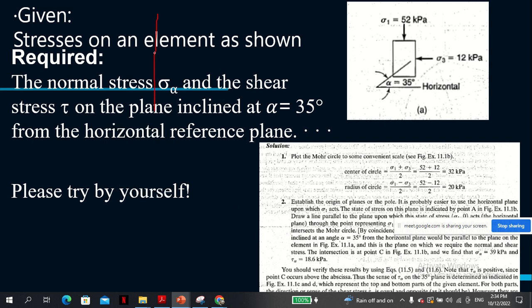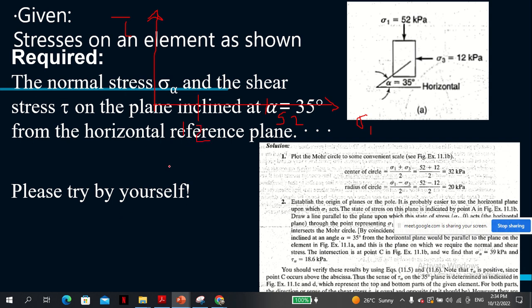It would be very easy. Same scale: tau, same scale, and sigma, same scale. You plot sigma 52 there, and you plot 12 there.